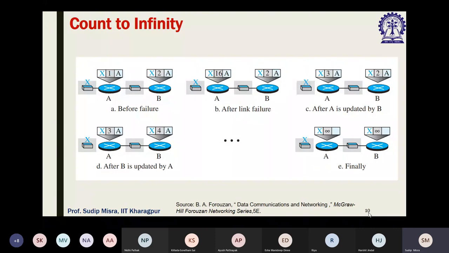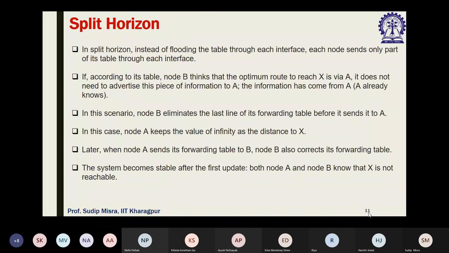B got the information about X from A only, so when A is advertising further, B doesn't need to again inform A about the presence of X. So node B will eliminate the last line of its forwarding table, which contains this information, before it sends it to A.